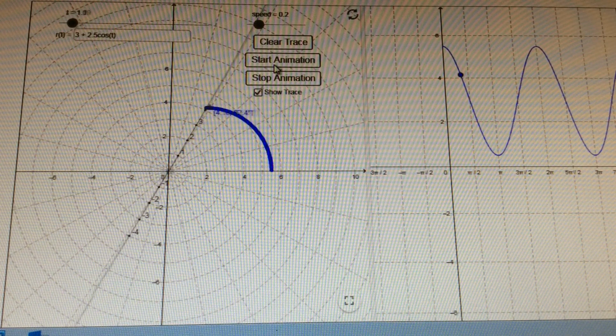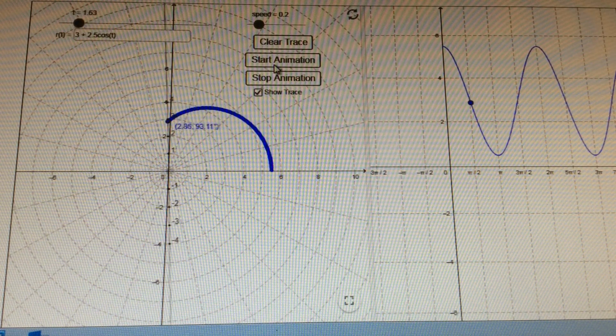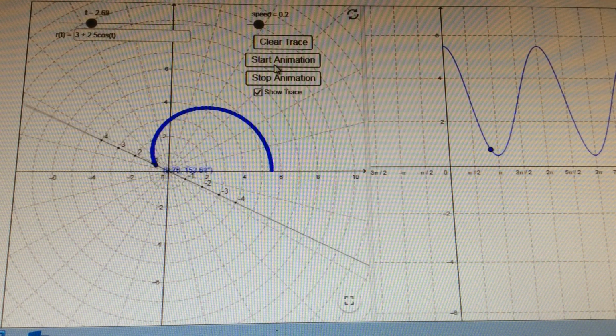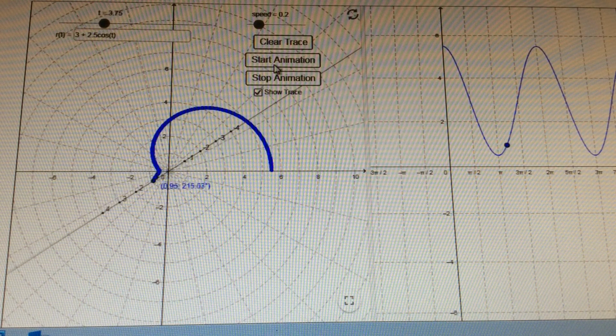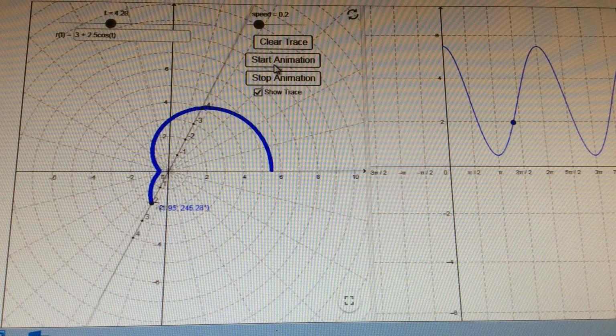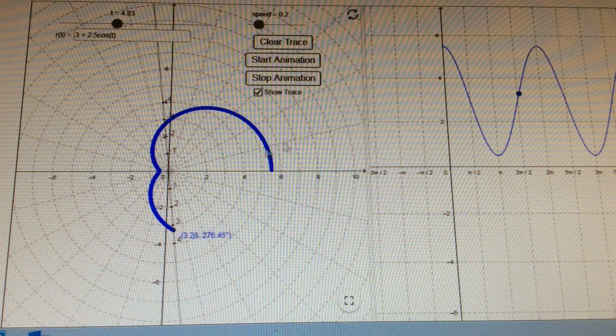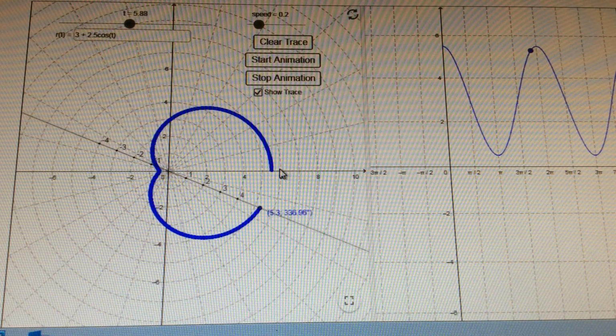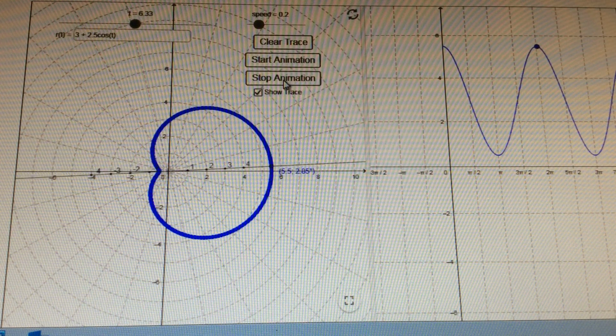If you watch this, we're far away, and we're going to get really close because cosine almost totally takes control. We're going to bend in, almost get to 0, but we don't, right? Because the 2.5 cosine theta is never going to be bigger than 3. And then we're over here, we're going to get bigger and bigger and bigger, and then eventually we're right back where our cosine is almost completely adding in, and then we get this cardioid shape.